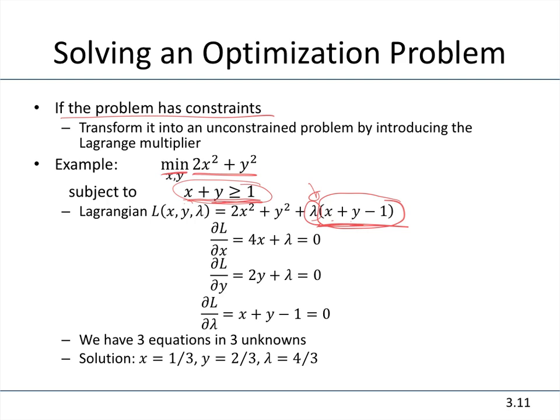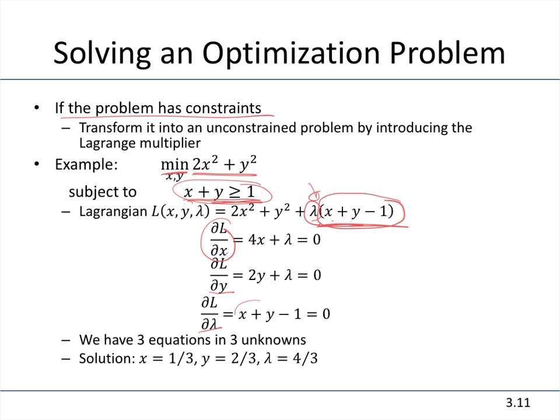So once we do this, instead of having an objective that is a function of 2 variables, now we have an objective that is a function of 3 variables, including lambda. So we know how to deal with this. We take the derivative of that unconstrained objective with respect to x, with respect to y, and with respect to lambda.